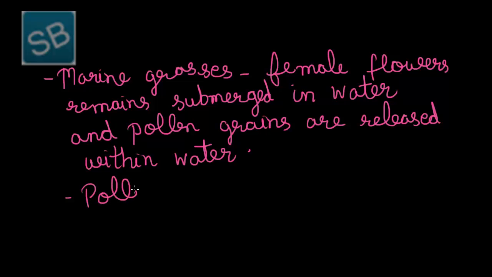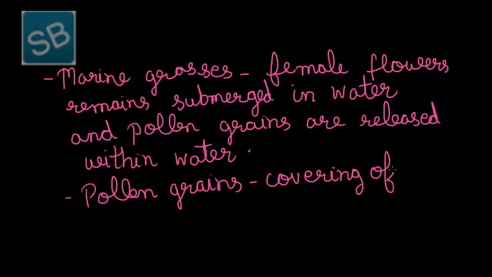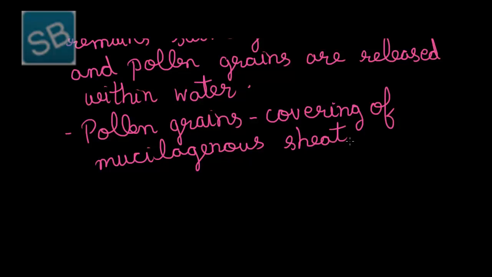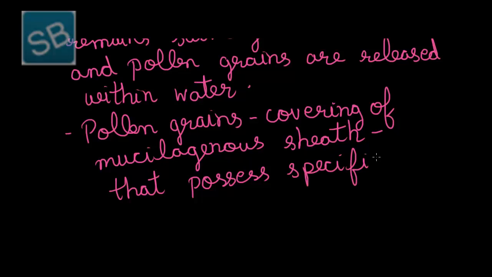Thus, in this type, the pollen grains have a special type of covering with a mucilaginous sheath that has specific gravity, for easy carrying out of pollination, so that it can remain submerged in the water.